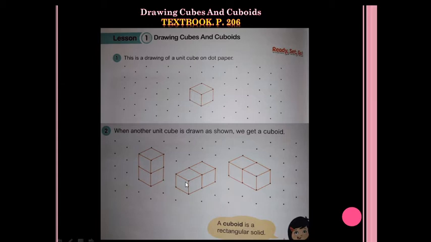Or you can put it side by side, 1 and 2, diagonally to the right, or like this, diagonally to the left, side by side like this. So if you put 2 unit cubes side by side, it will become a cuboid or a kind of rectangular prism like that. A cuboid is a rectangular solid.